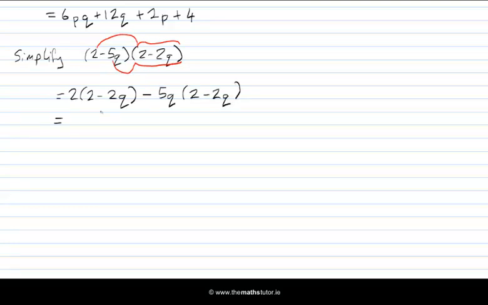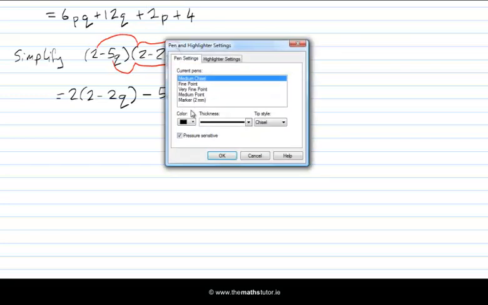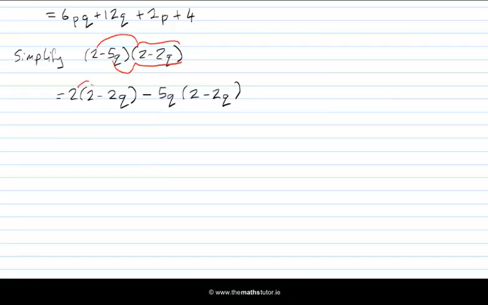So from here we multiply the 2 by the 2 and the 2 by the minus 2q, the minus 5q by 2 and the minus 5q by minus 2q.